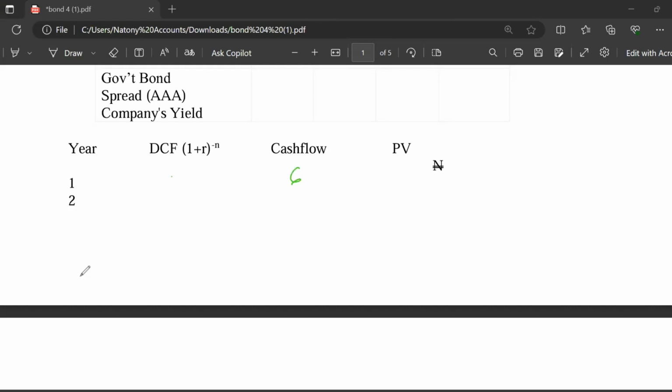Cash flow for year two will also be 6 naira. Your discount factor for year one will be 3.13%, which will be 1 plus R. And your R here is 3.13, so it will be 1 plus 3.13, which will be 1.313% raised to power minus 1. That's your discount factor for the first year.